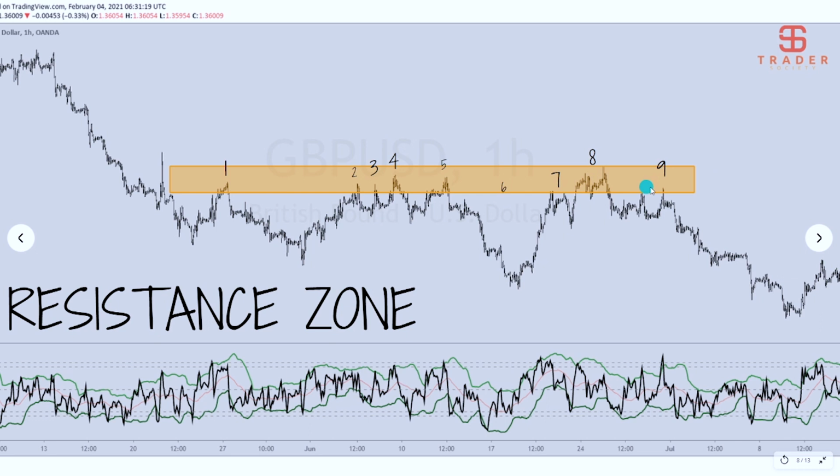Now, if we go 8 and 9 again, market could not break through this zone right here and ended up just falling off the cliff. It's important to learn how to mark up these zones so that when we're taking specific trades, you can be confident in that trade knowing that we're in this zone.